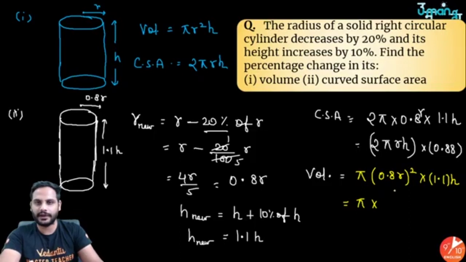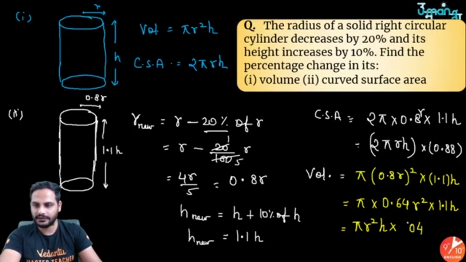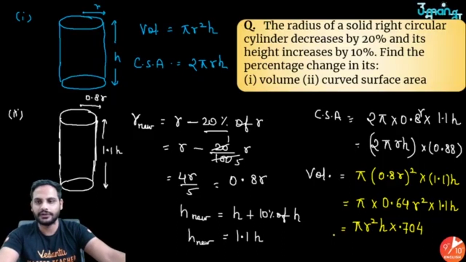So 0.8 square will be 0.64, into r square into 1.1 into h. So again I can take pi r square h common, and we have to do 0.64 into 1.1. So let us multiply them. So 4 plus 6 is 10, and then 6 plus 1 is 7. So 0.704. So this will be the new volume. We have got the new volume and the new curved surface area.